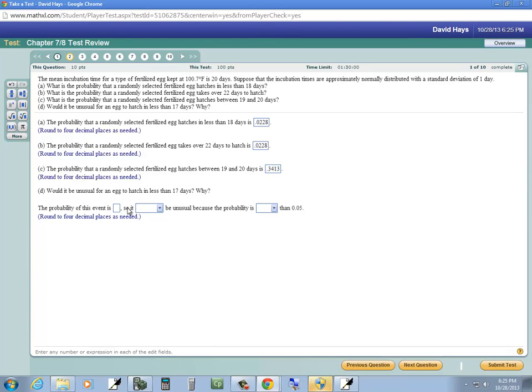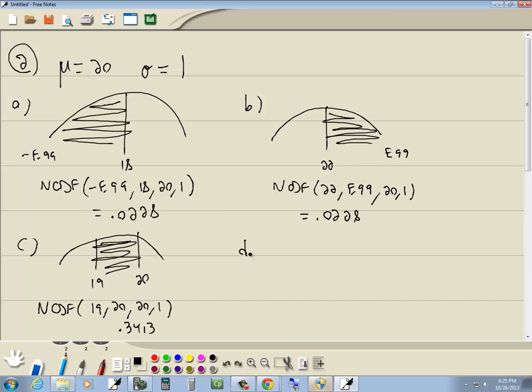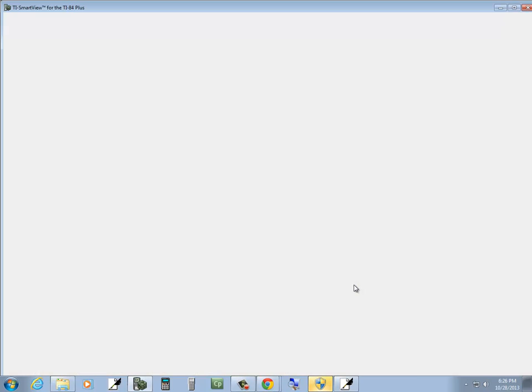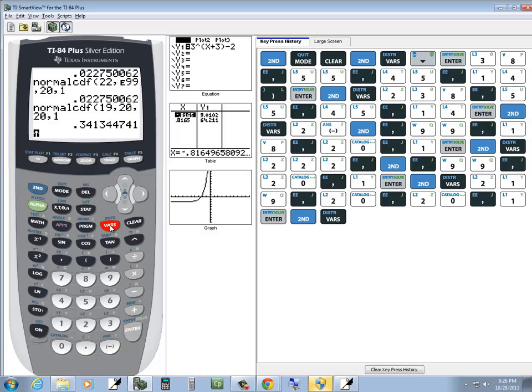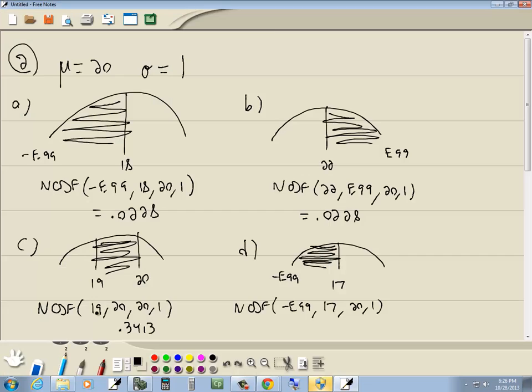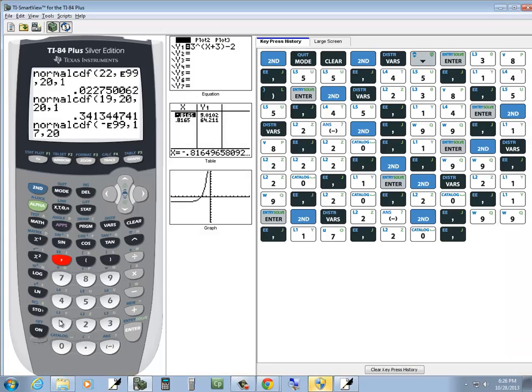Would it be unusual for an egg to hatch in less than 17 days? Why? Less than 17. Well, that means we got 17 here. Less than is shaded to the left. And this is negative E99. So we'll do normal CDF, negative E99, comma 17, comma our mean, comma our standard deviation. So do second vars, choose normal CDF, negative E99, comma 17, comma 20, comma 1.